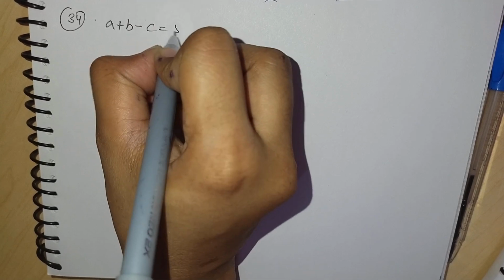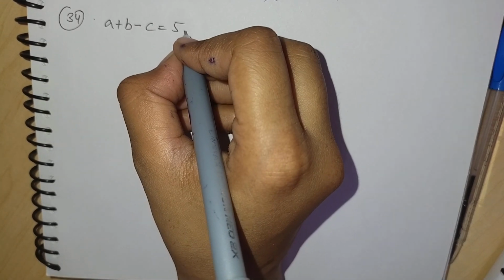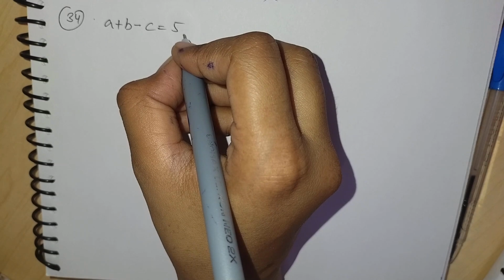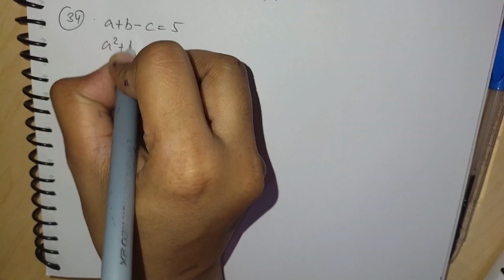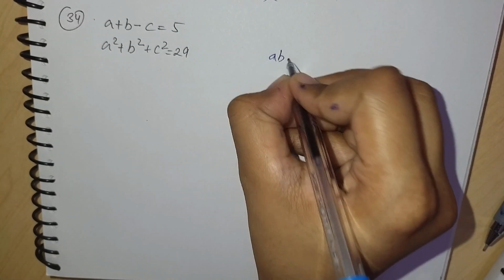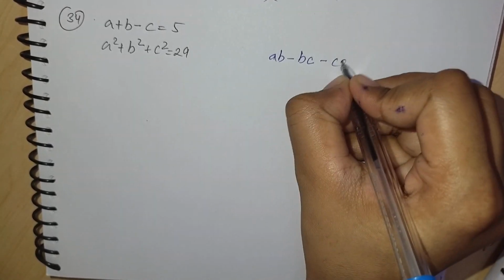Let us solve the 34th question here, which says that if a plus b minus c is equal to 5 and a square plus b square plus c square equal to 29, then we have to find the value of ab minus bc minus ca.